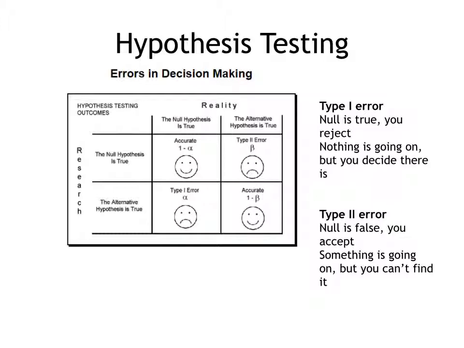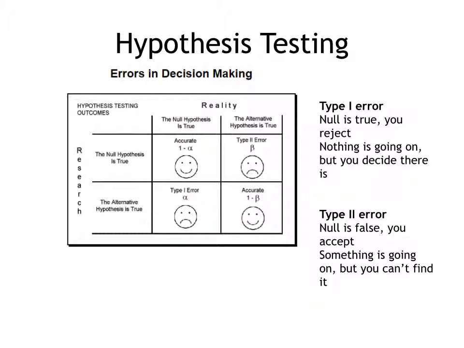Now, a type 2 error is just the opposite. It means that the null is false. There's evidence out there somewhere, but I couldn't find it. So I let the null hypothesis stay. Type 2 error means something is going on between those groups or with that intervention or in those relationships, but I couldn't find it.